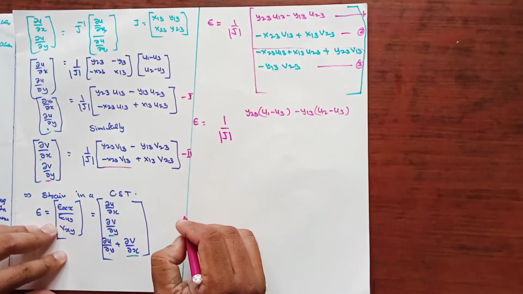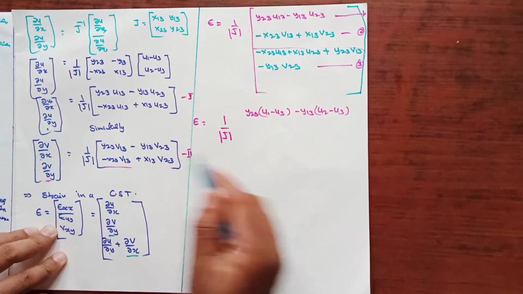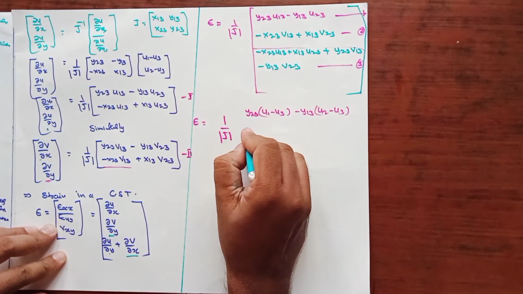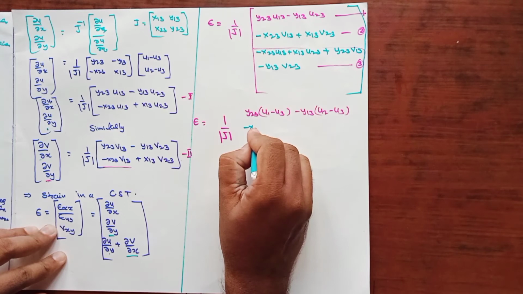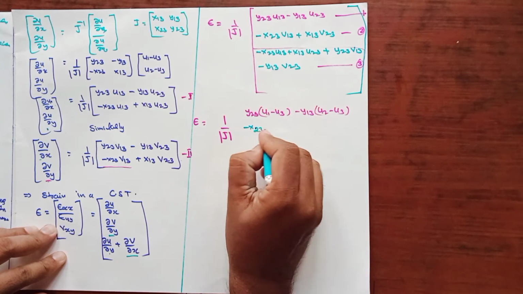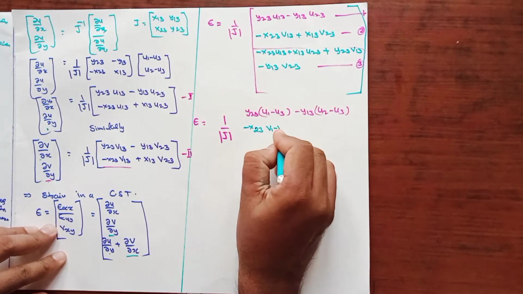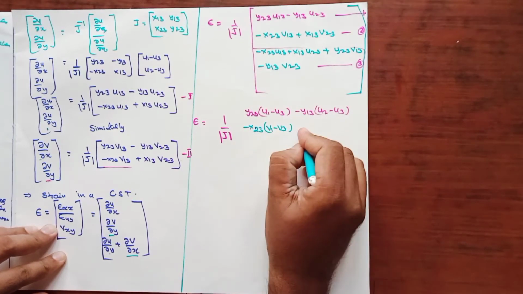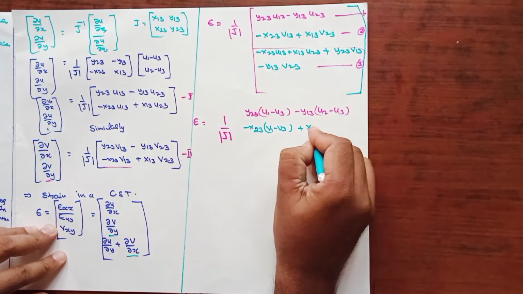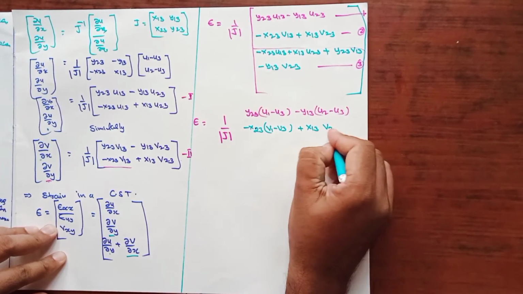This is the first row. Coming to the second row, it can be written as minus x23 into v13, meaning v1 minus v3, and plus x13 into v23, written as v2 minus v3.